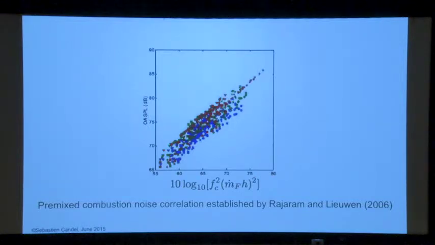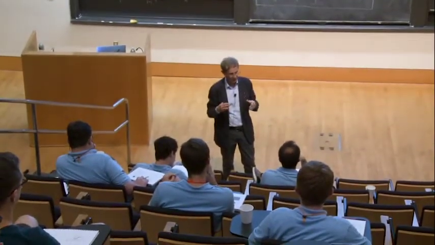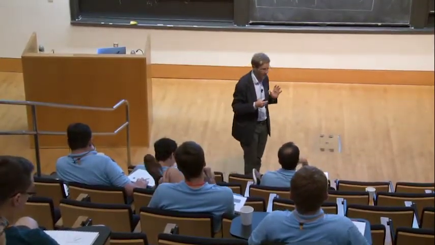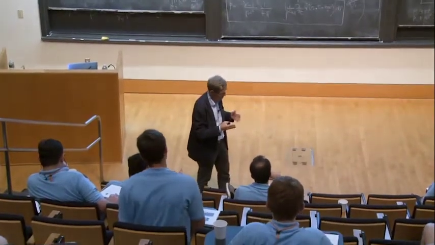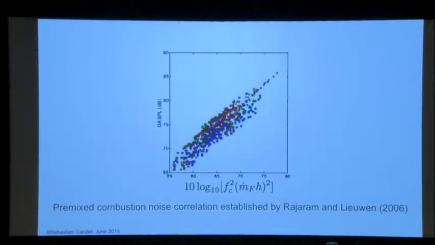And you see that there is a cloud here, so basically the scaling is reasonable. It's not perfect. The evaluation of the sound levels is really more difficult. When you do just scaling, you're not doing calculations here, you're doing just dimensional analysis. You get something which is reasonable, but not quite.